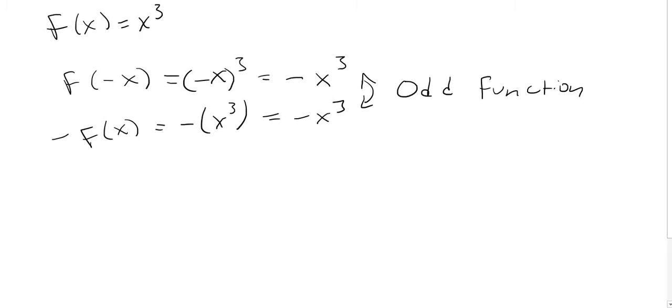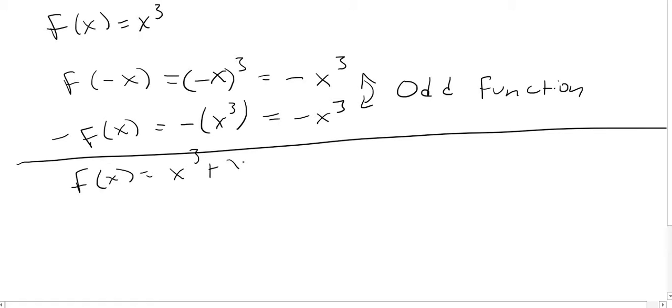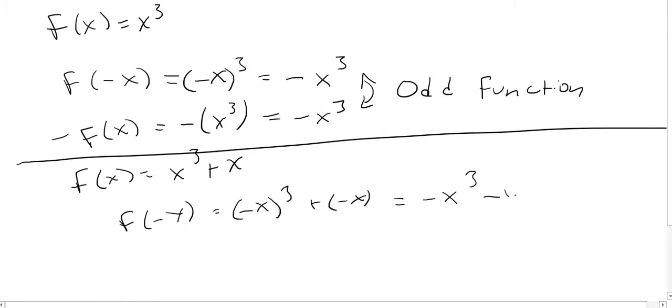And check this out. Even if I have something like f of x equals x cubed plus x, f of negative x becomes negative x cubed plus negative x, which is negative x cubed minus x.